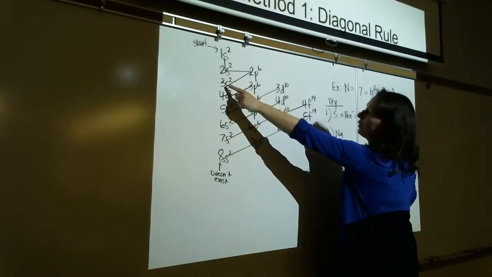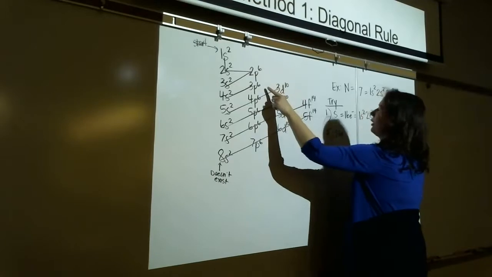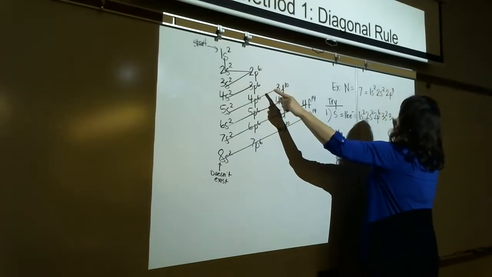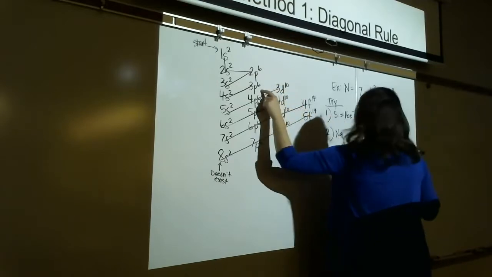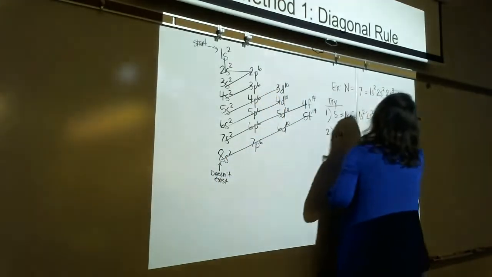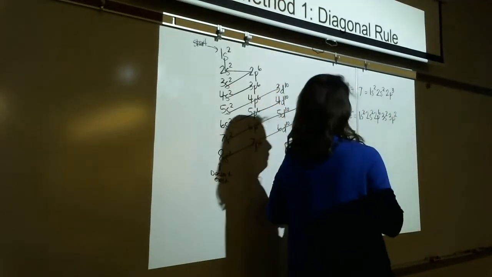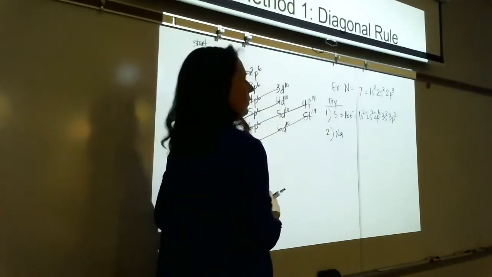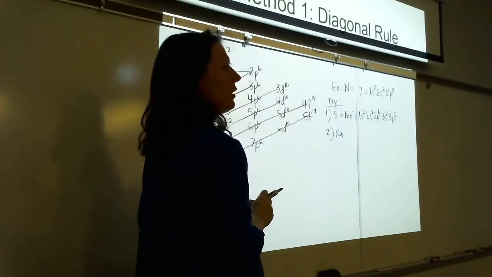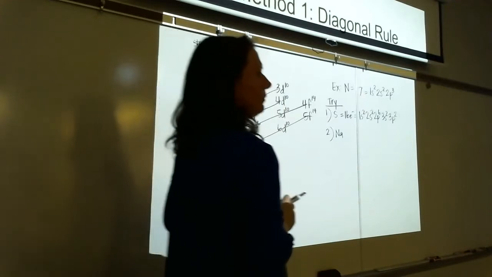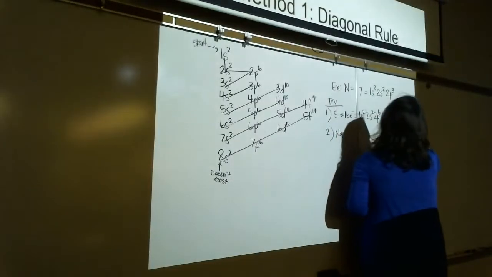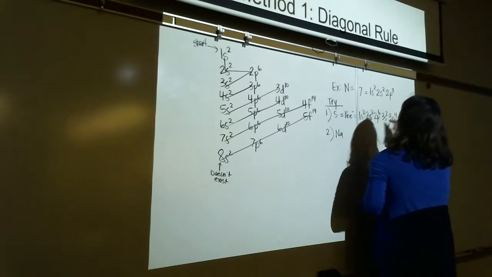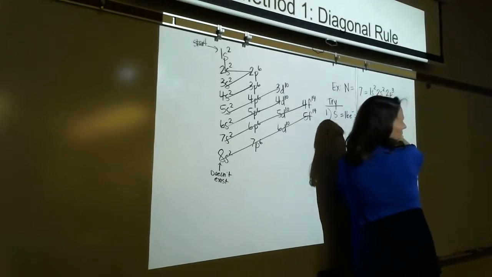Then what do I do? Loop back around. 3p what? 2, right? Sulfur has 16. It's not 3p2, it'd be 3p4. Right? Because that's 10, that's 6, 16.